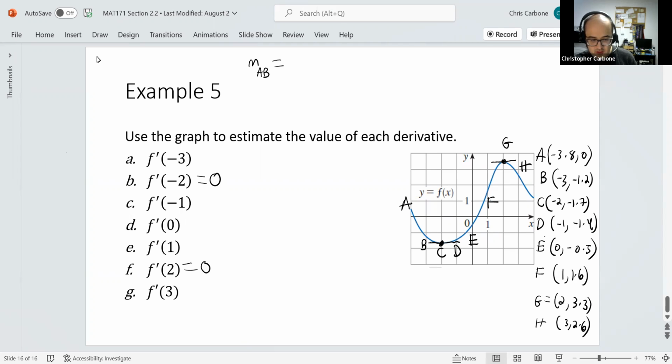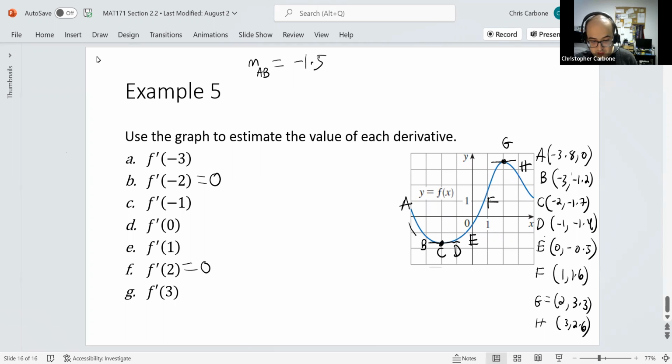So for A here, we are going to do the slope of AB based on these 2 points. Doing that gives us a value of negative 1.5. So between A and B, we have a slope of negative 1.5.